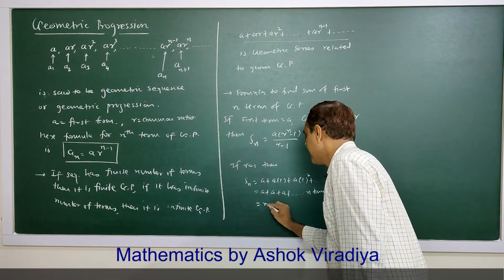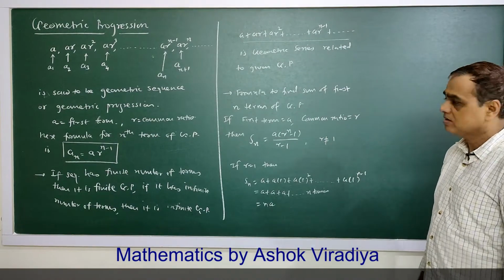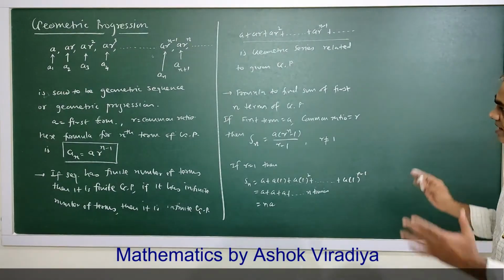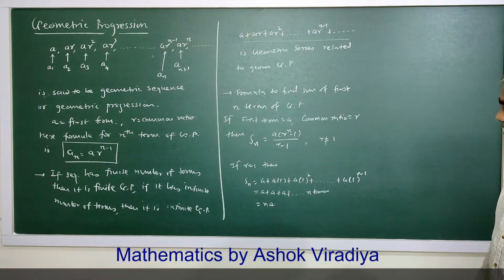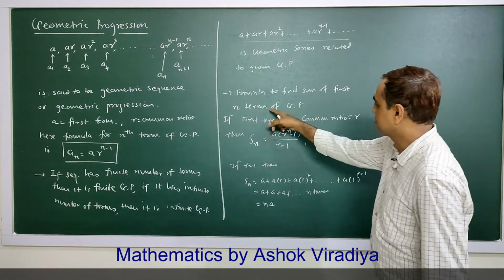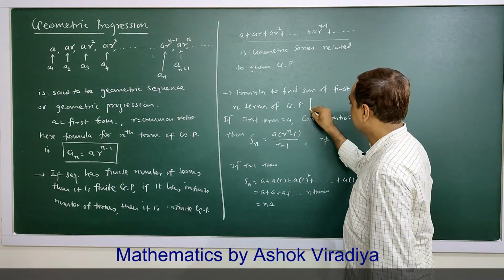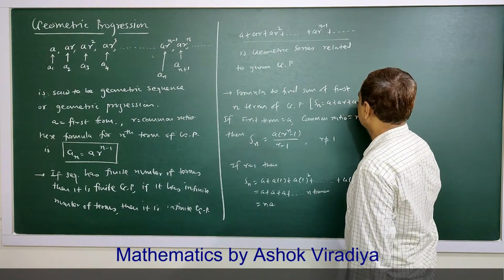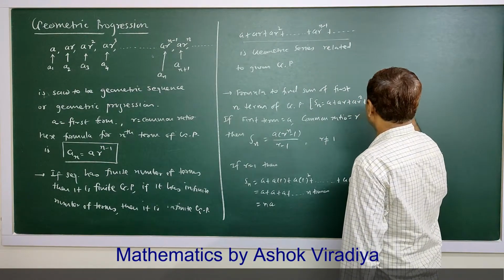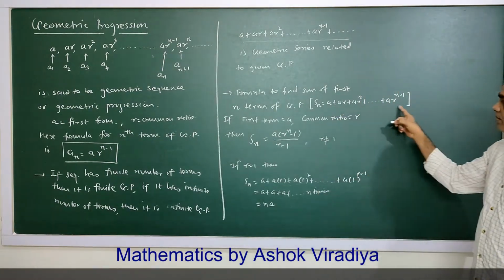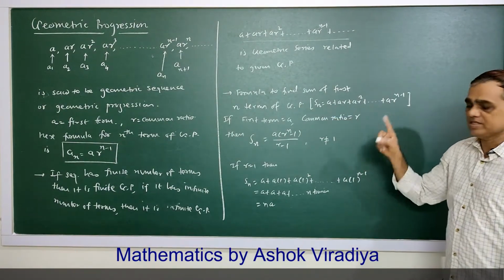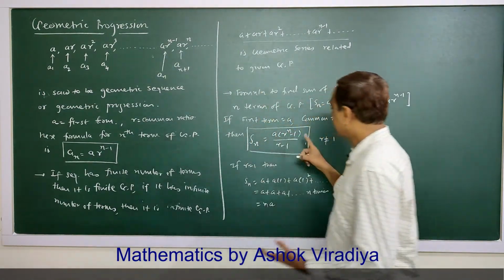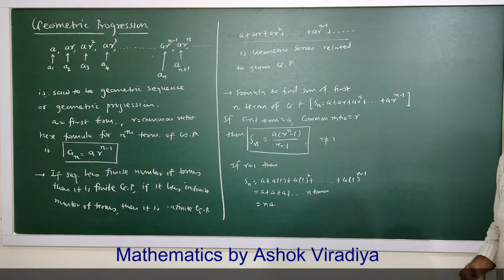So its value is n times a. So this is sum of first n terms of GP. So formula to find sum of first n terms of GP, Sn equal to a plus ar plus ar square up to ar raised to n minus 1, and here it is formula: Sn is a into r raised to n minus 1 upon r minus 1.